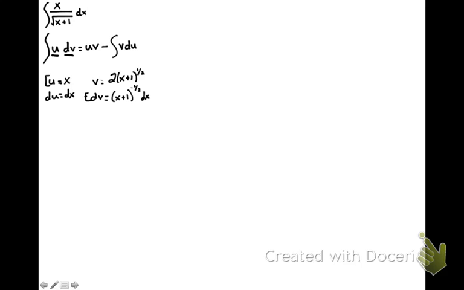So our original integral then, x over the square root of x plus 1 dx, equals u times v. So u in this case is x, and v is 2 times x plus 1 to the 1/2. I'll write it explicitly, x times 2 times x plus 1 to the 1/2.